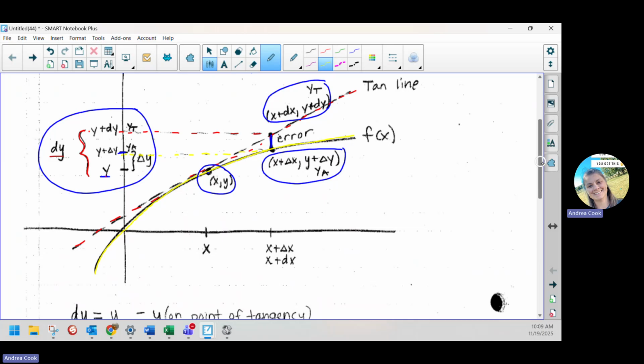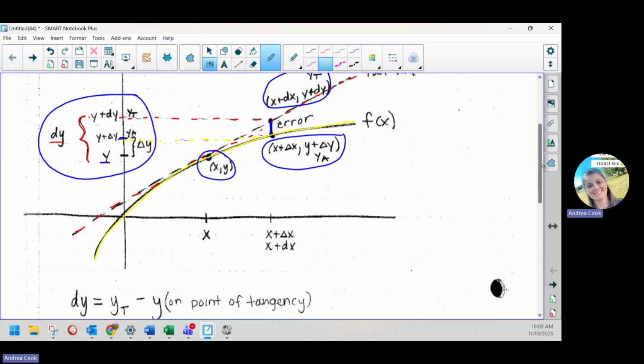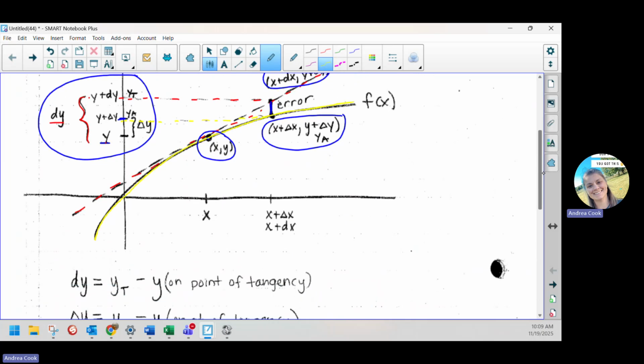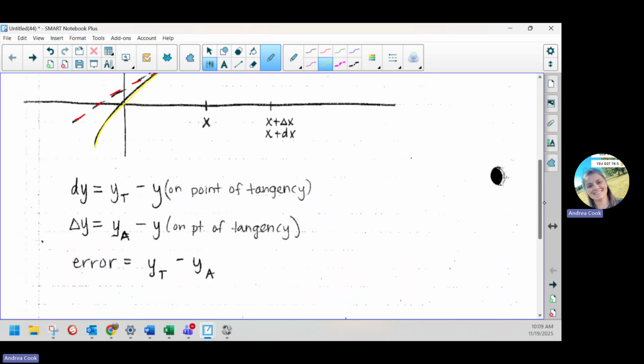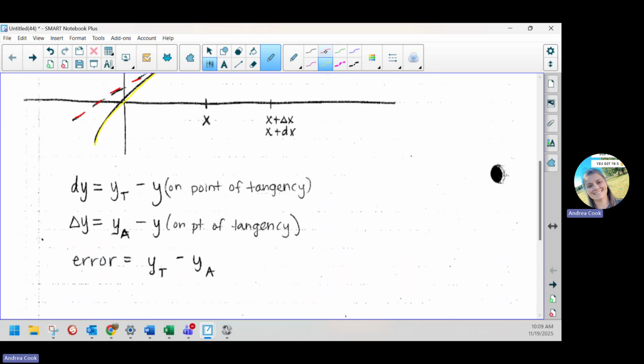So I drew a blown up picture from the one we talked about yesterday. And here is a little way to remember. If you're finding dy, it's the y value on the tangent line minus the y value of the point of tangency. If you're finding delta y, you're doing the actual y value minus the y value of the point of tangency.